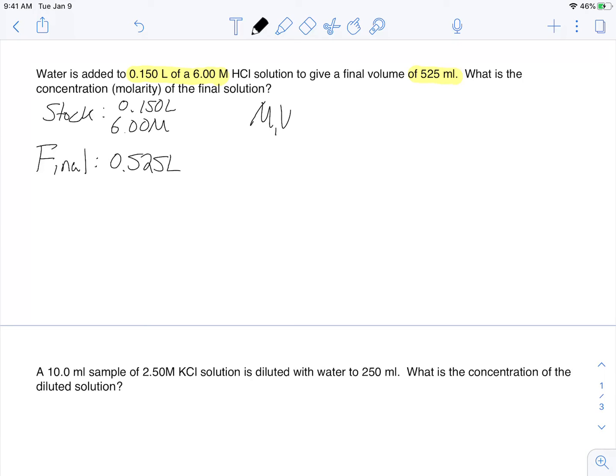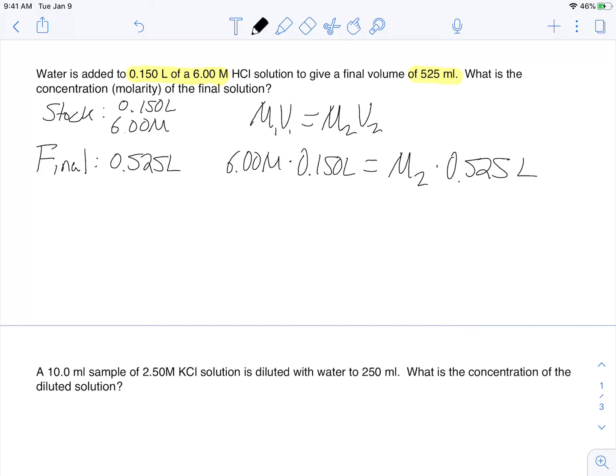Now writing it into M1V1 equals M2V2. This time we know both M1 and V1. So for molarity 1, it's going to be 6.00 molar multiplied by my volume of 0.150 liters equal to, I don't know M2, but I do know the volume 2, which is going to be 0.525 liters.